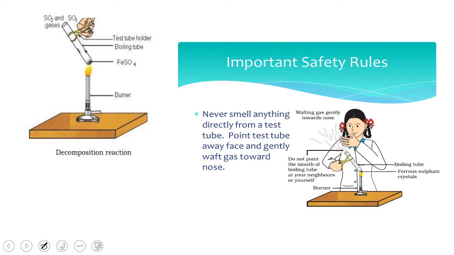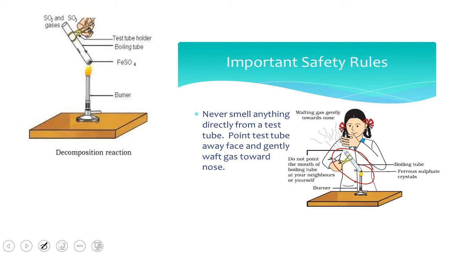While doing this activity in a laboratory, there are some safety rules you have to follow. See, the test tube was slanting. That is the correct way of holding a test tube, because you should not smell anything directly from the test tube.